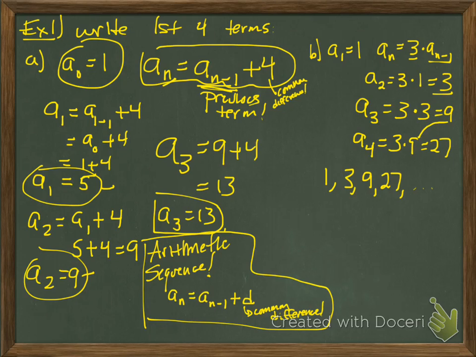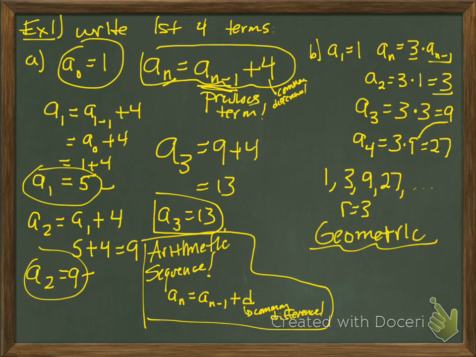Now as I list these, the sequence is 1, 3, 9, 27. You can see each time I'm multiplying by 3 with a common ratio 3. This is a geometrically defined recursive sequence. So there is also a way of doing geometric sequences in this recursive way. Let's write down that rule.